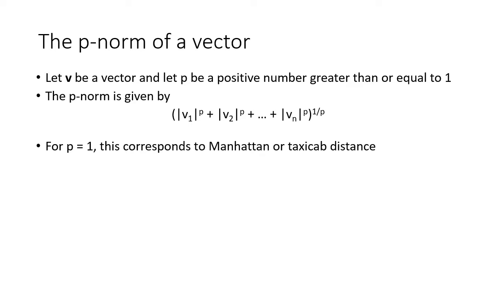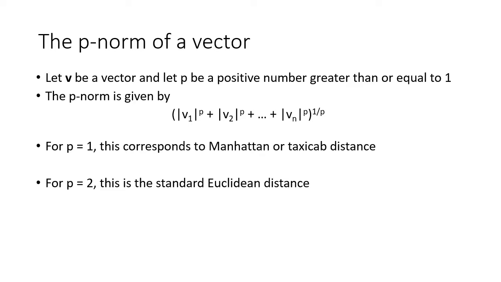The taxicab distance would be how many blocks you traveled in the horizontal direction plus how many blocks you traveled in the vertical direction. So east, west, and north, south, or again, if the streets are laid out in a different direction, but still on a rectangular grid. So p equals 1 is a reasonable way to measure distance in certain situations if you have to stay on a rectangular grid.